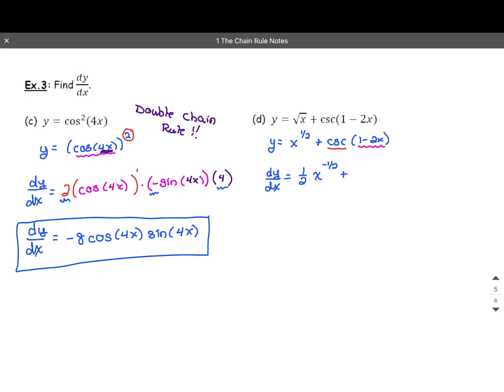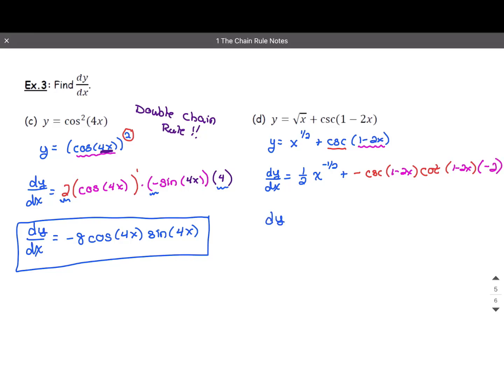So almost always a trig function is a chain rule. So the derivative of cosecant is negative cosecant of keep the angle times cotangent of keep the angle. So now I'm going to keep my angle 1 minus 2x, 1 minus 2x, times the derivative of the angle is negative 2.